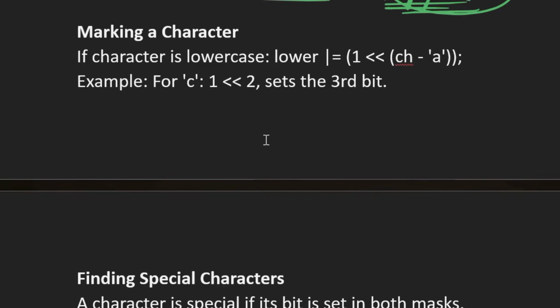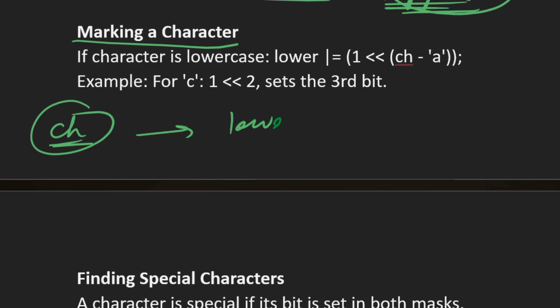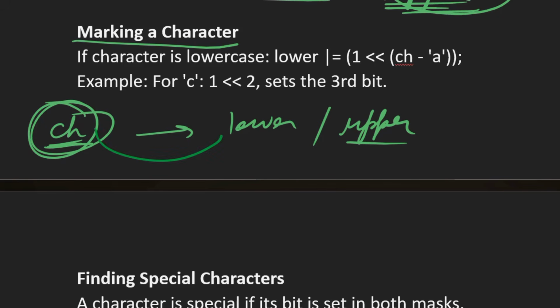Now the next thing: how will we mark a character? Suppose we get a character, let's say ch. How will we mark this character in lower or upper? Suppose we get a lowercase character ch, then we need to mark it in the lower variable. First of all, we need to find the position of its bit.